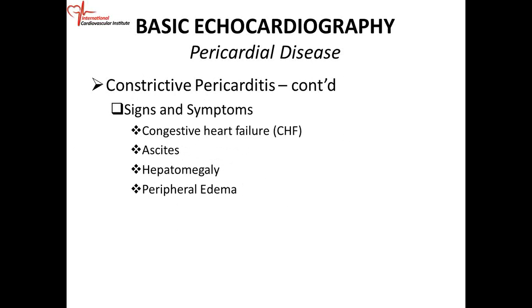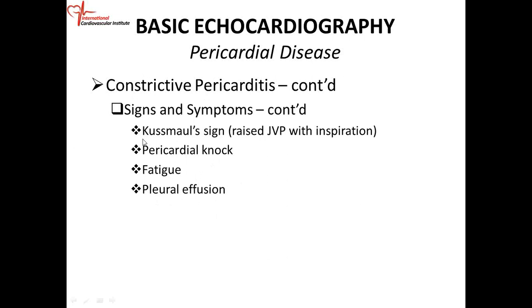Okay? The ejection fraction may be normal. So you can't just look at that and say one is constrictive pericarditis and the other is restrictive cardiomyopathy. They both will present with heart failure. Both will present with ascites, that's fluid in the abdominal cavity, hepatomegaly, enlarged liver, and peripheral edema. The legs are swollen. Okay, so both set of patients are going to present with these features.